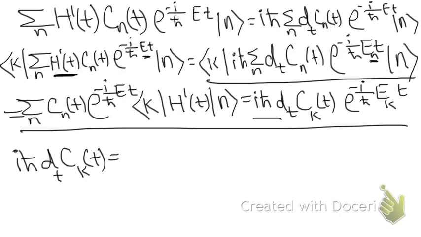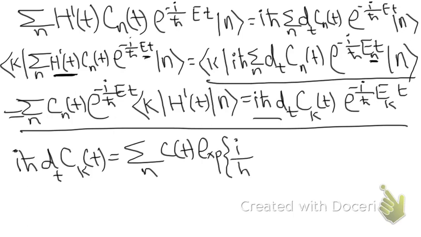All of this being equal to sum over my n's, c_n of t, my exponential, write it down like this, iota over h bar, okay, and I'll have my E_k minus E_n.